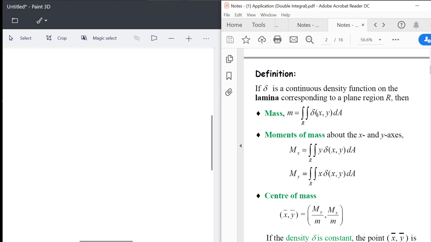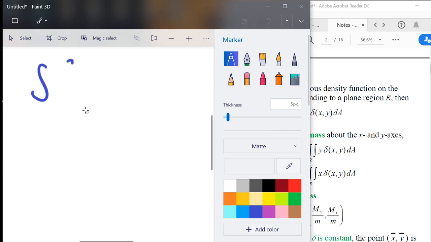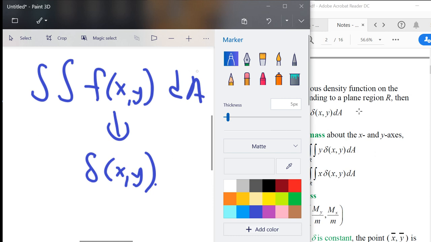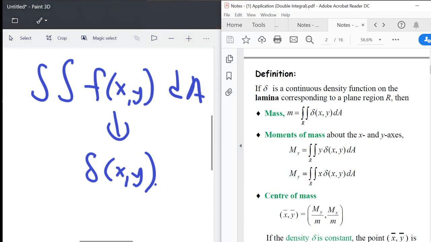Previously we have a function in terms of x and y, and you have dA. Basically this represents the mass of the lamina. The given function represents the density, delta here. Whatever you calculate basically represents the mass.